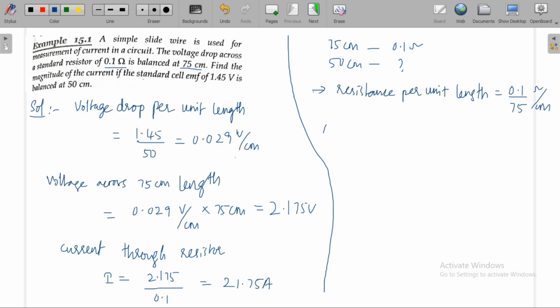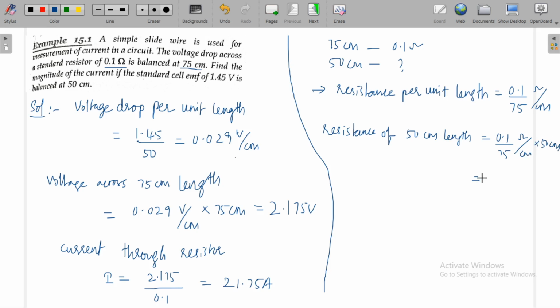Then what will be the resistance of 50 centimeters length of wire? 50 centimeters length of resistor will be equal to 0.1 by 75 ohms per centimeter into 50 centimeters.